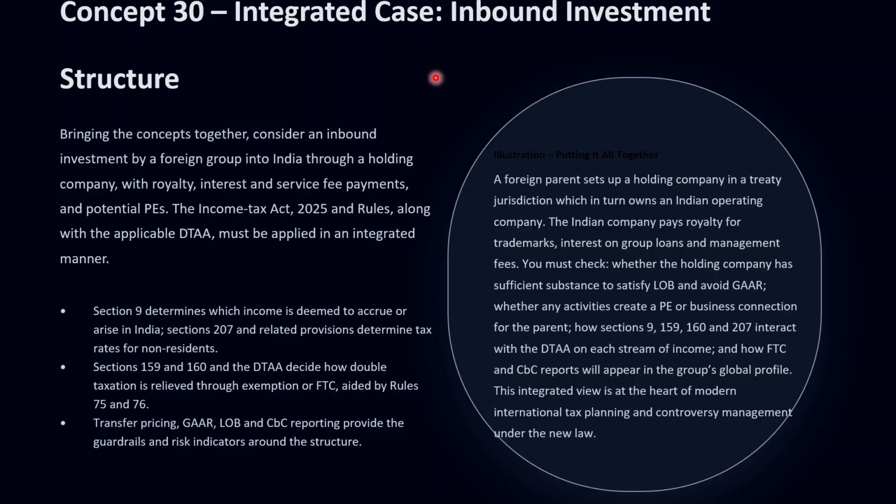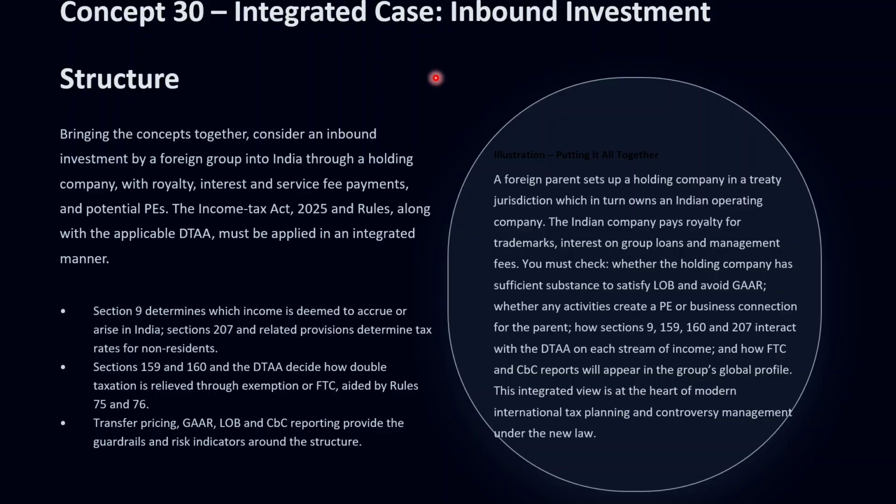To analyze the structure under the new regime, you would systematically go through several sections. For example, we need to check Section 9 to see which income is regarded as accruing or deemed to accrue in India.